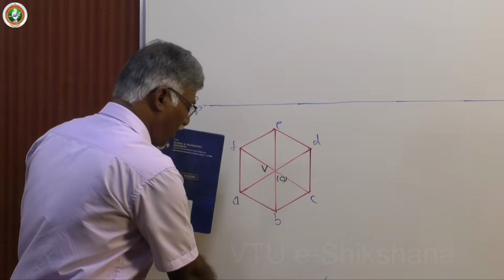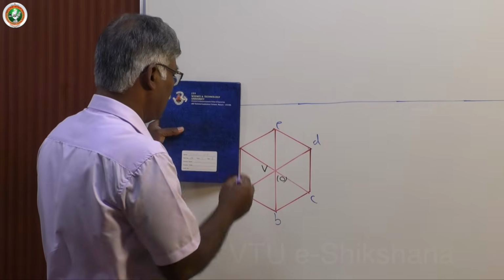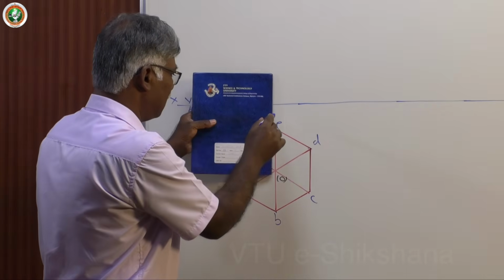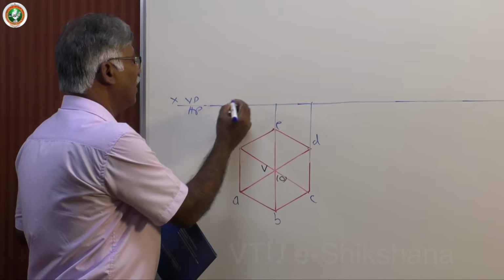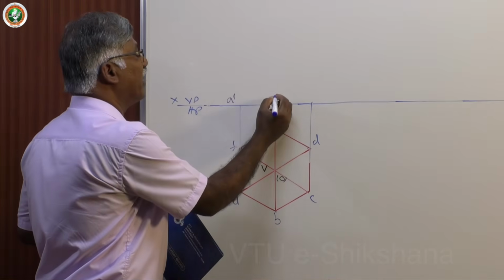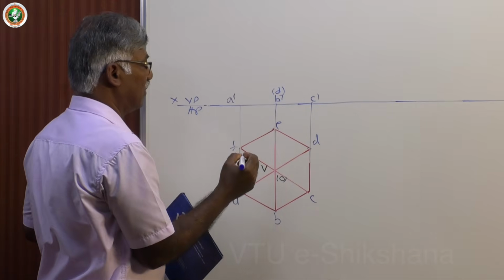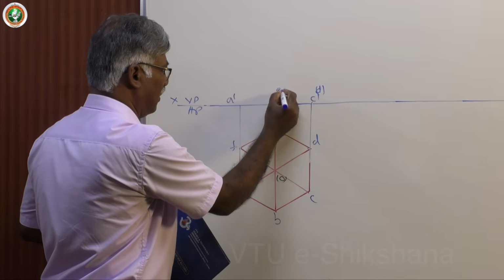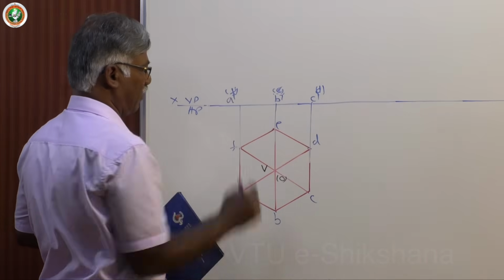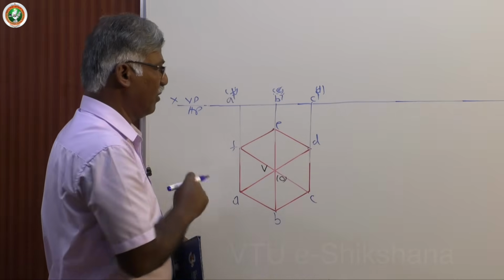Now let me draw the top view and front view. So project. This is base center, A, B, C, D, E, F. In order, we have A, B, C, D, E, F, which are not visible.